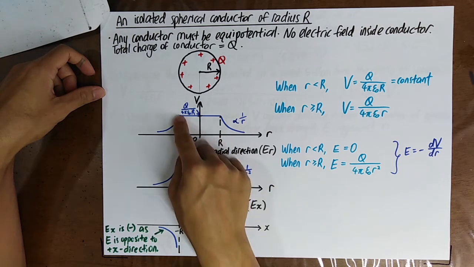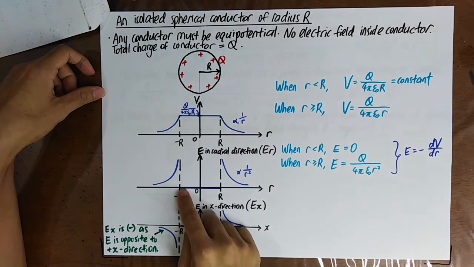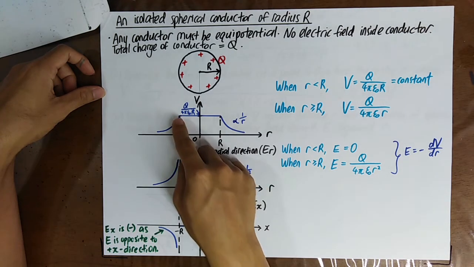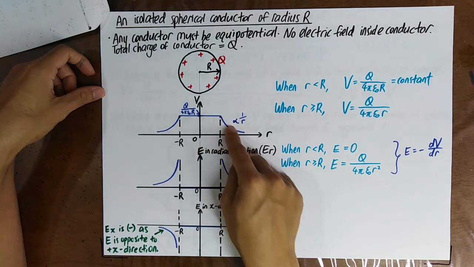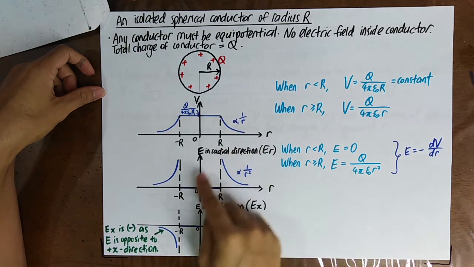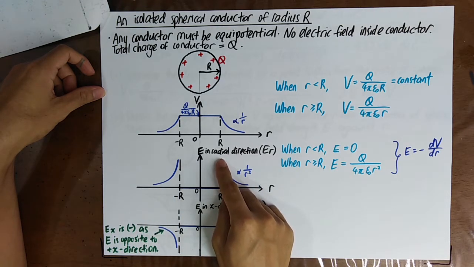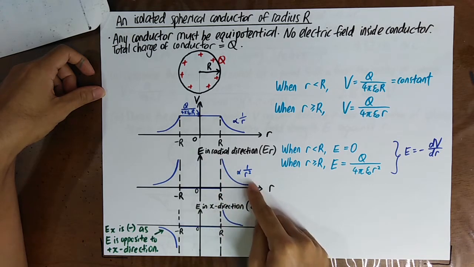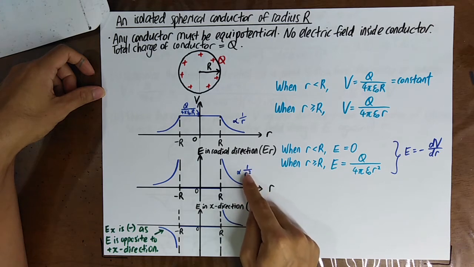Okay, so you know that inside the conductor, the potential is a constant and the electric field is 0. And then outside the conductor, the potential falls. And outside the conductor, the electric field will also fall, and it falls more sharply than this because it is inversely proportional to r squared.